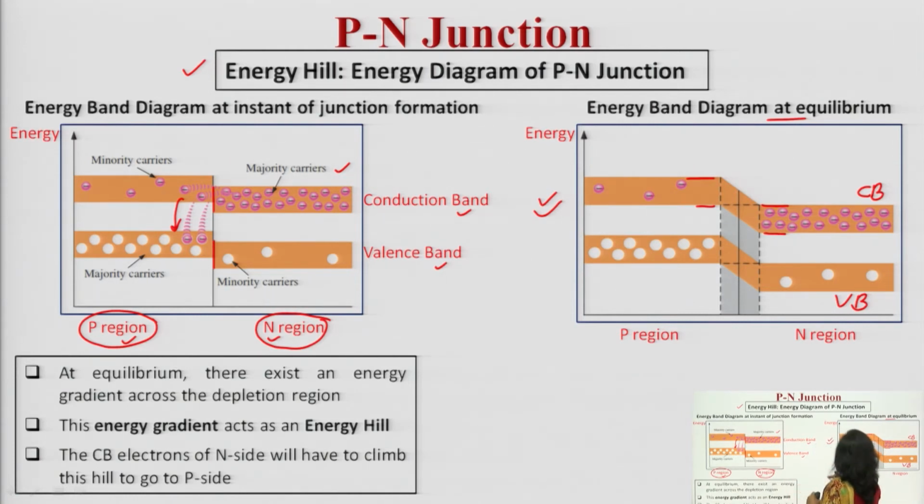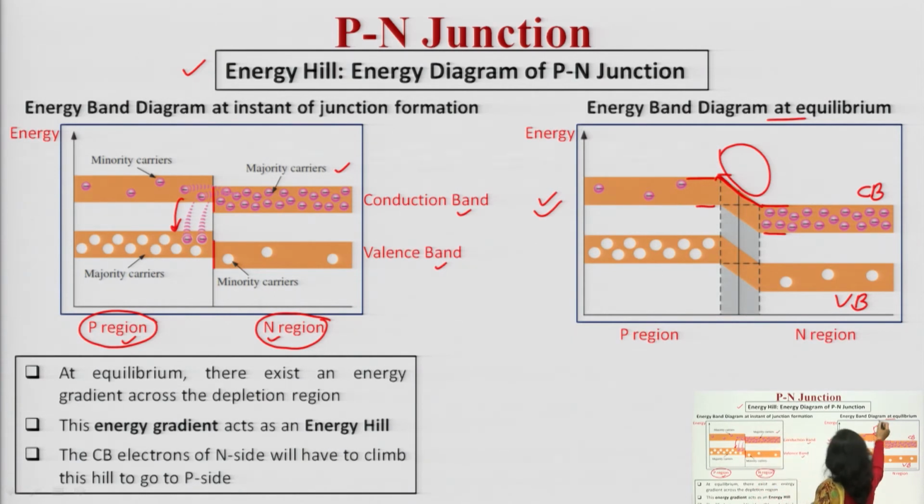Now what will happen at this particular equilibrium? When electrons have to move from the conduction band of the N region to the P region, they have to climb a hill. This is the concept of the energy hill, because now electrons have to climb this hill, and only then will they be able to reach the conduction band of the P type semiconductor.